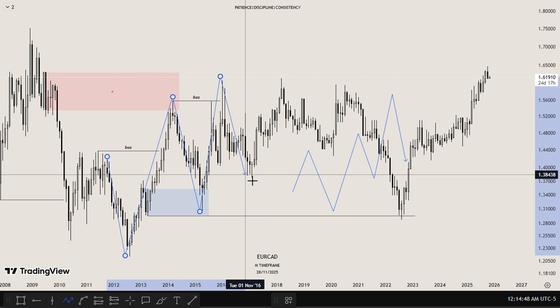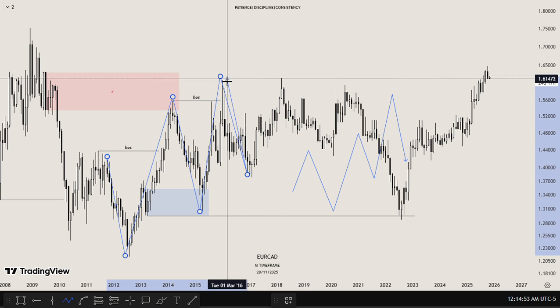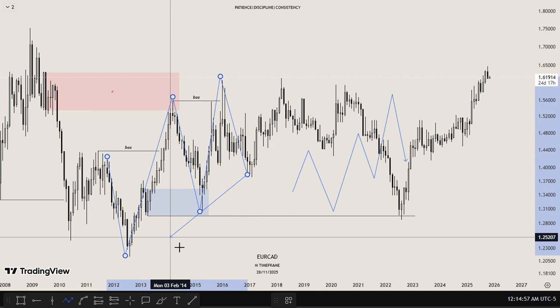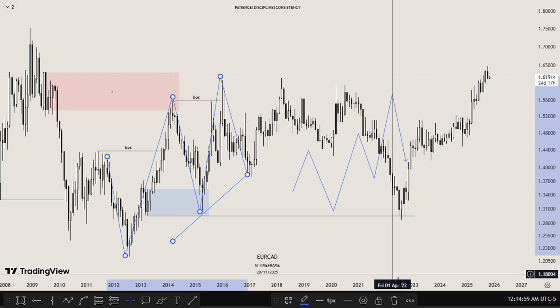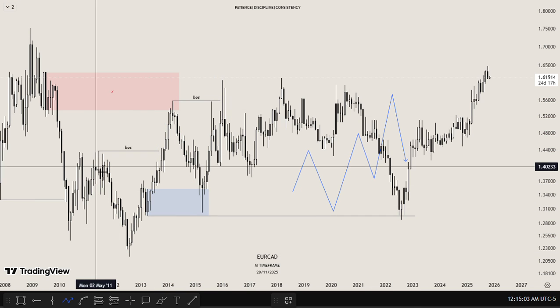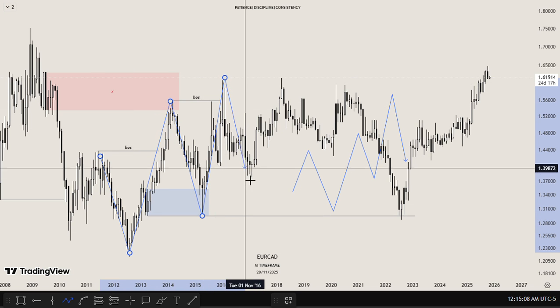They also entered targeting this high, but what can you see? This high never took out this high. Okay, actually it took out the high. So what happens? You have to entering.